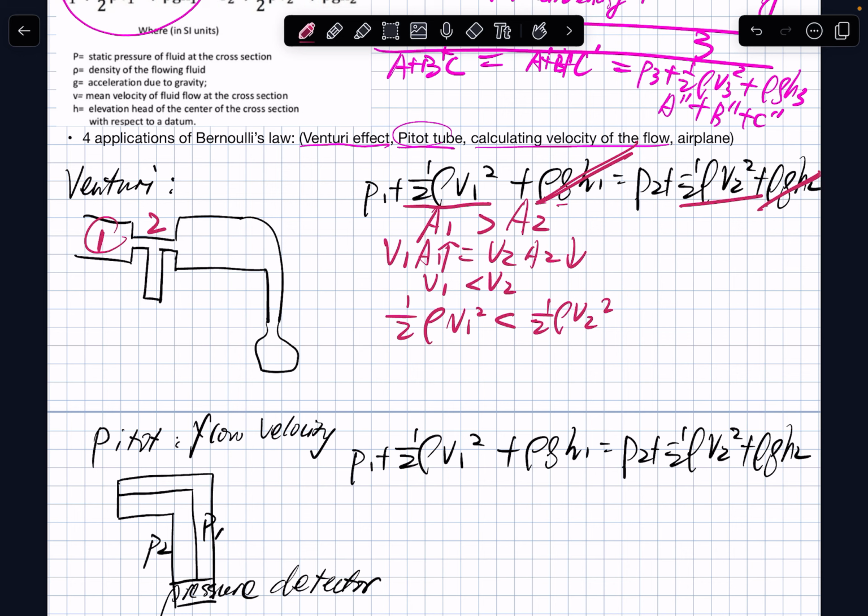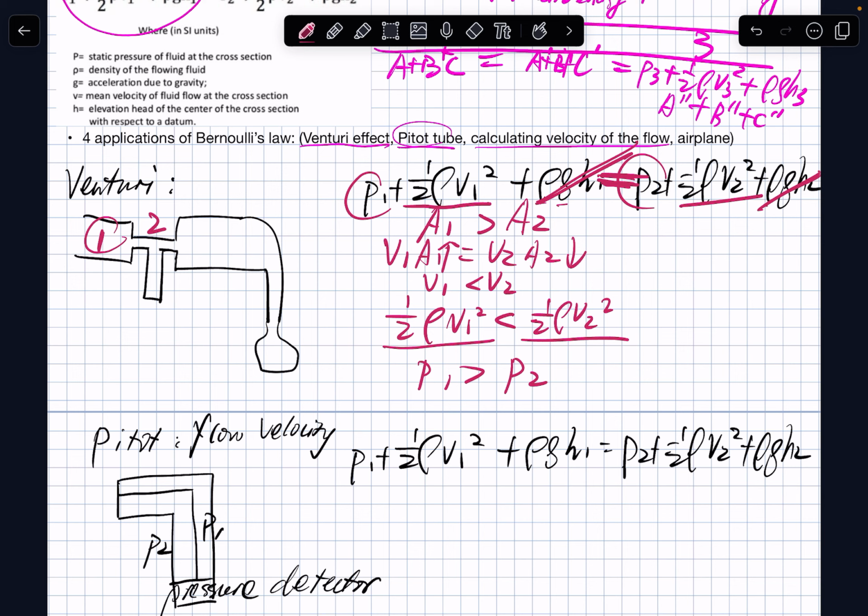So what I'm left with is P1 and P2. Because my term B is smaller than B prime, P1 has to be larger than P2 so that this Bernoulli's law equation can be established.